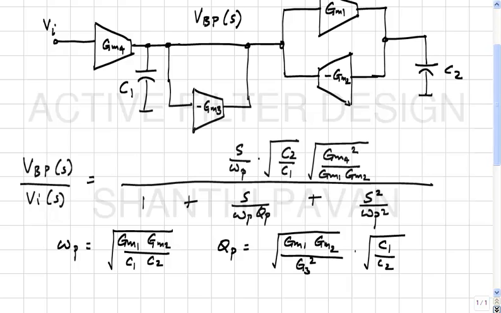Now let's try and see what we have here. Okay, that's this node. So what do you think that transfer function will be? How will you find it? Forget about what it is. How will you find it? I'm interested in finding the transfer function at this node.